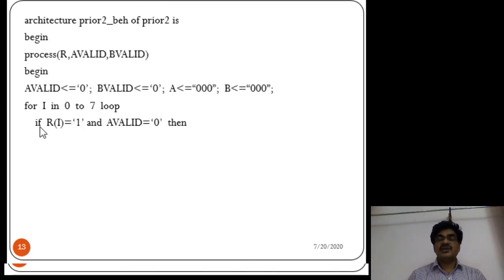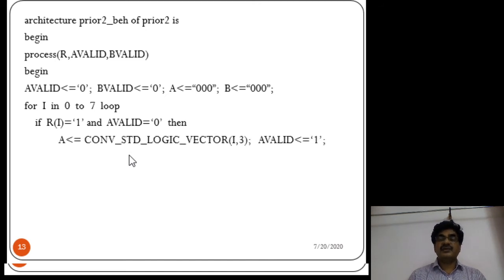So if R of I equals 1, that is, R of 0 is 1, and A valid is 0, then since it is 1, priority has to be given to that bit position. So A <= convert std_logic_vector I comma 3.